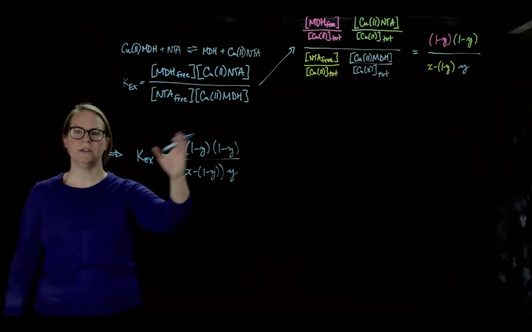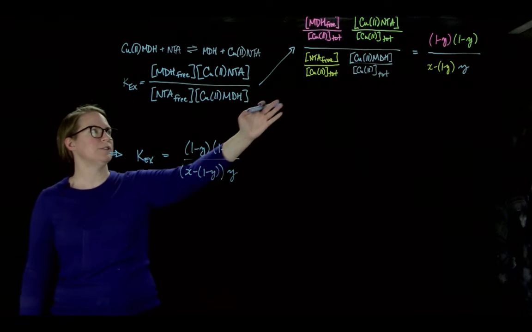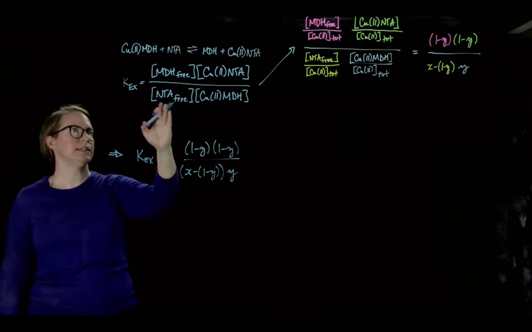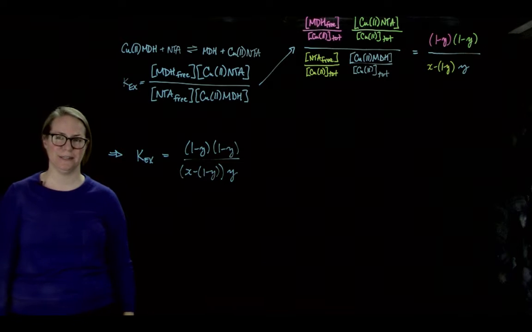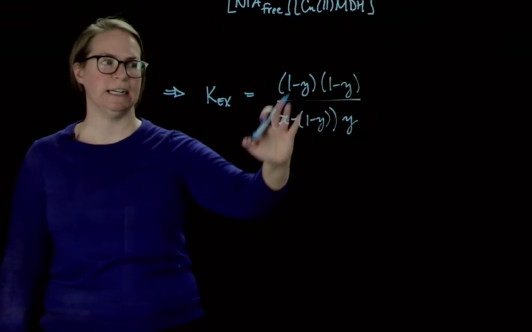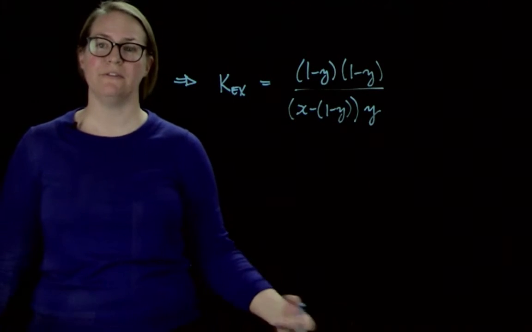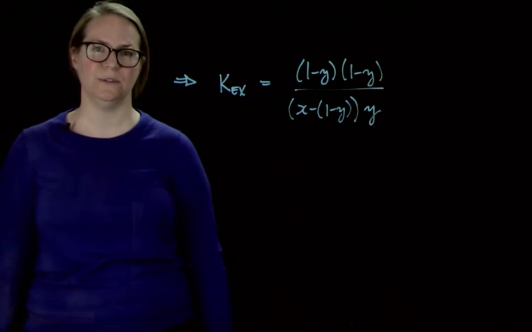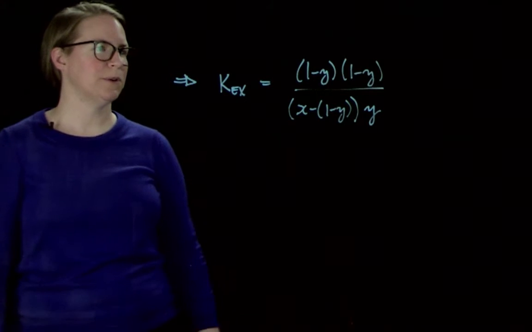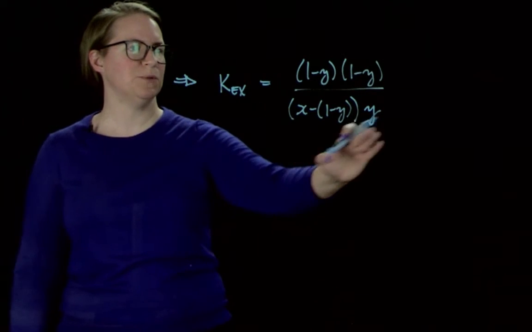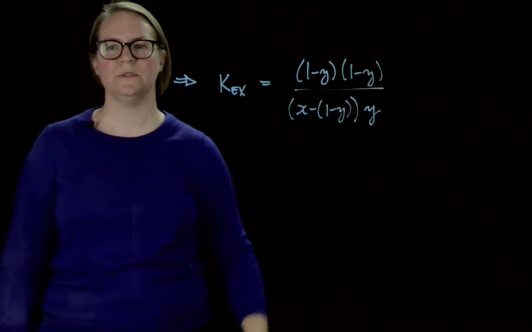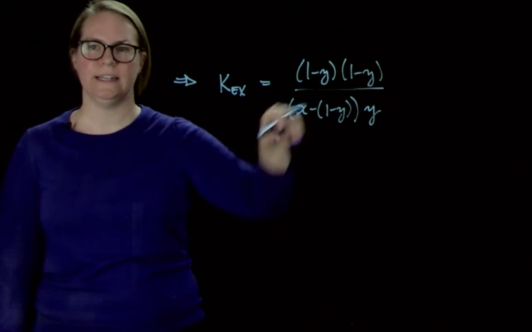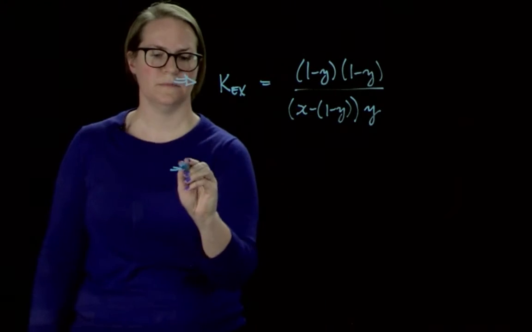Okay, so I have rewritten what we just derived, substituting in for the concentrations in terms of our x and y definitions. So what remains is to simplify this resulting expression in order to get it in a format that we can then fit using Origin. First, we're going to multiply both sides by this denominator so that we do not have a fraction in our final output.